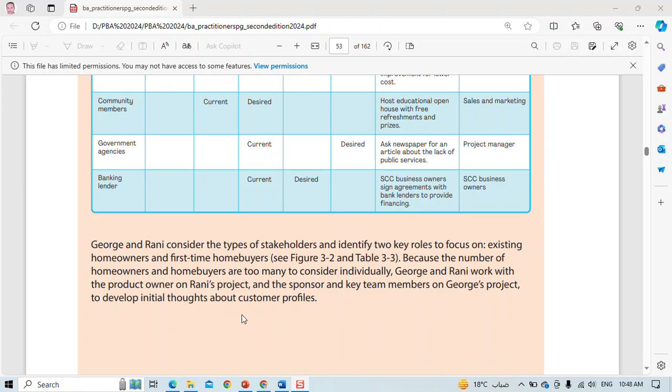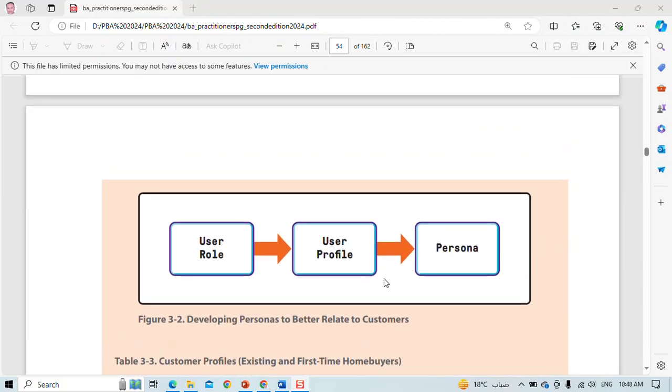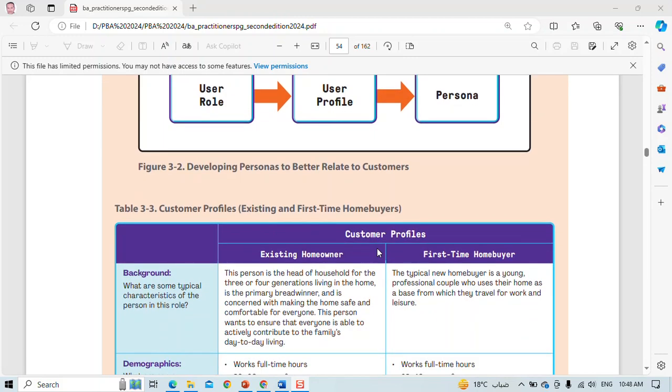So they illustrate these categories in the format of persona, where they use this format: user role, user profile, and persona. Before getting to the persona for each category, they initiate customer profiles, existing and first-time home buyer.